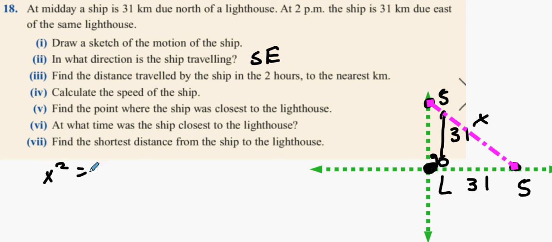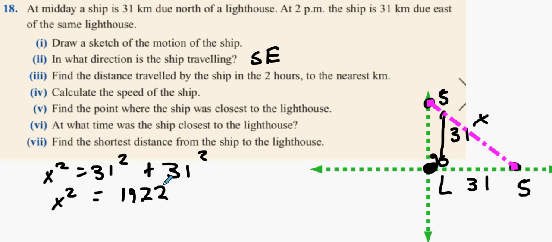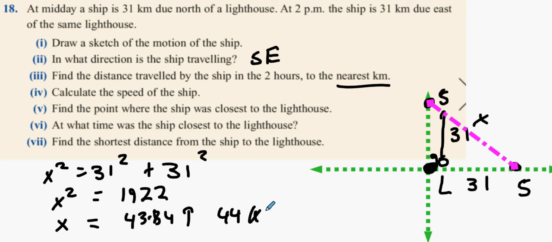X squared equals 31 squared plus 31 squared. 1922. So it's 43.84, rounded up to 44 if you're rounding to the nearest kilometre, which the question told us to do.